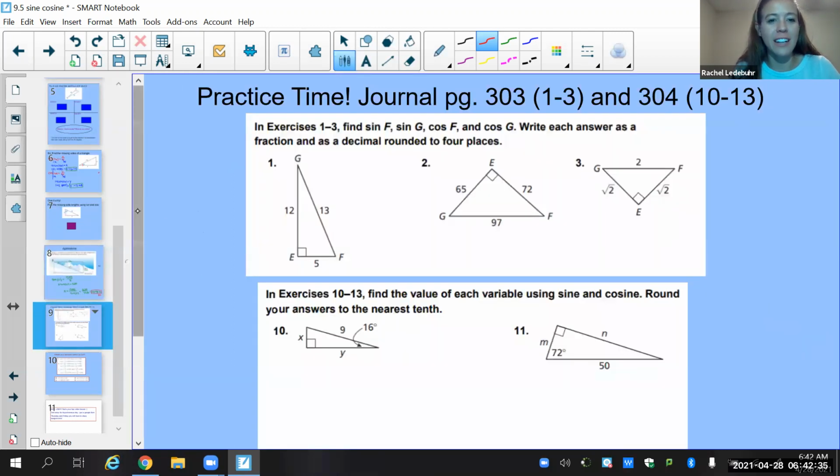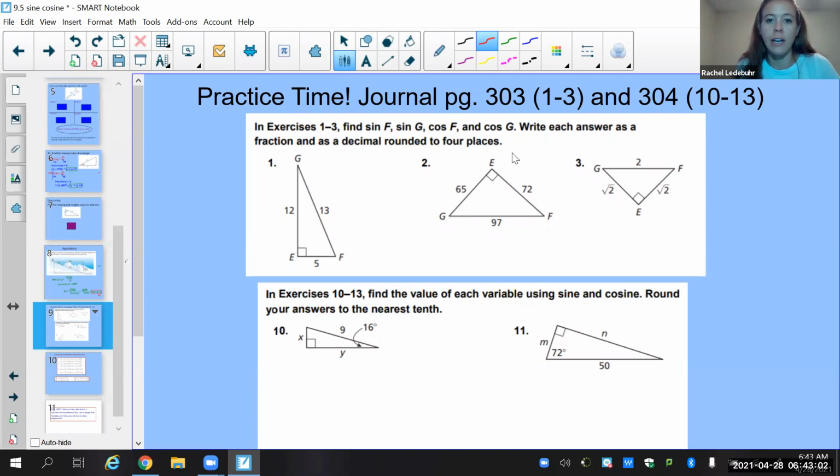Take out that journal again. This time we are working on page 303 and 304. There's a bunch of problems on here. I just want you to focus on numbers 1 through 3 and then skip down to 10 through 13. For the first 3, you're finding the sine of f, the sine of g, the cosine of f, and the cosine of g, much like we did with that chart.